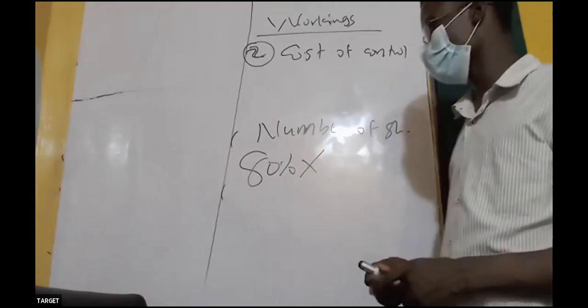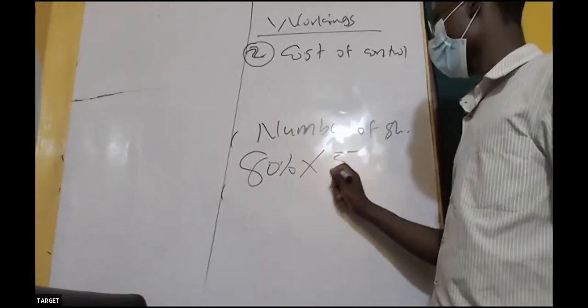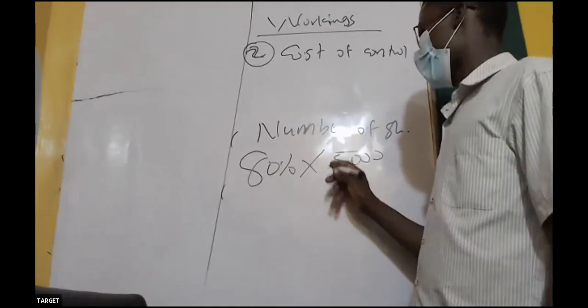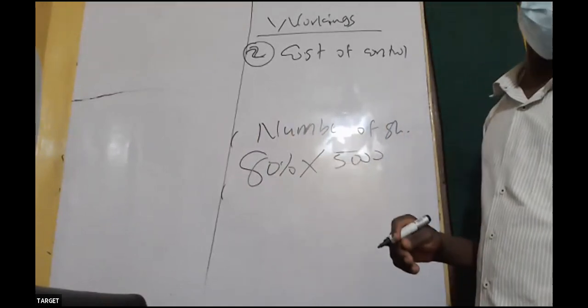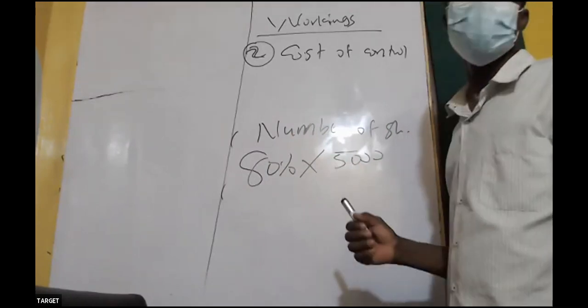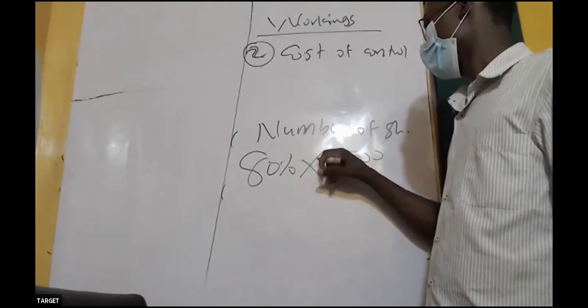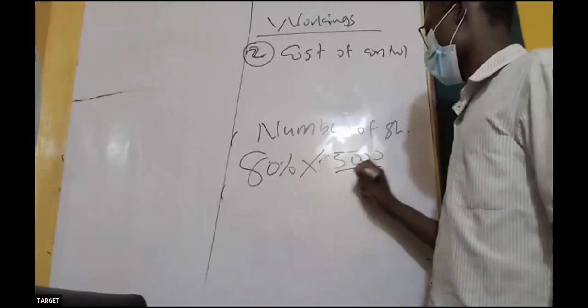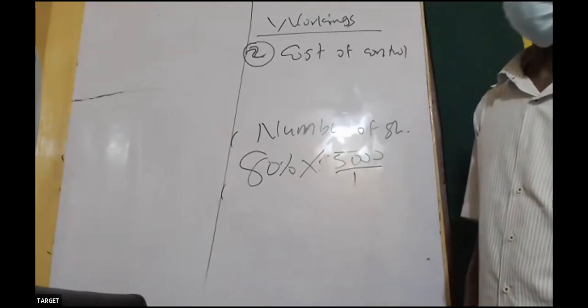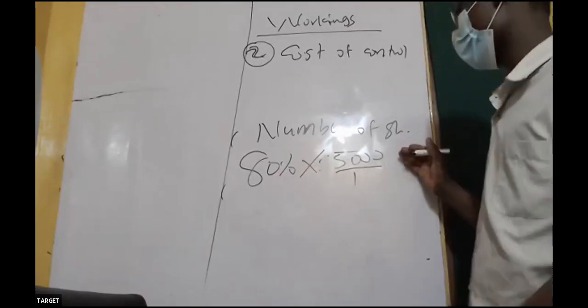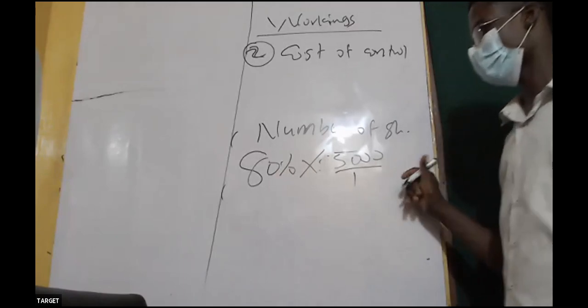Now this subsidiary has 5 million stated capital at a nominal value of $1. So divide this by 1, you get the same 5,000. So 80% of 5 million shares. I've read 3 zeros, so that's why we are working with this.